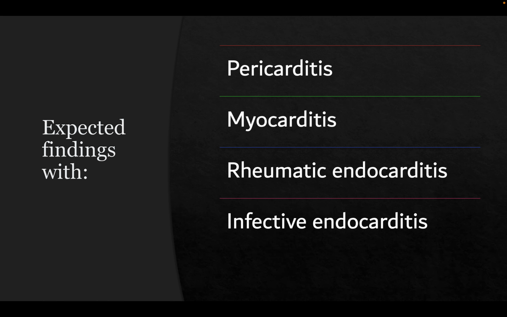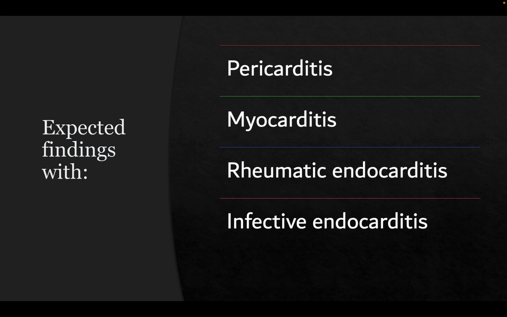Findings include chest pressure and pain aggravated by breathing, mainly on inspiration, major chest pain, coughing, swallowing. A pericardial friction rub is auscultated, usually at the left lower sternal border. They usually present with shortness of breath and relief of the pain when sitting and leaning forward, almost in that tripod position. They're bringing that chest forward.